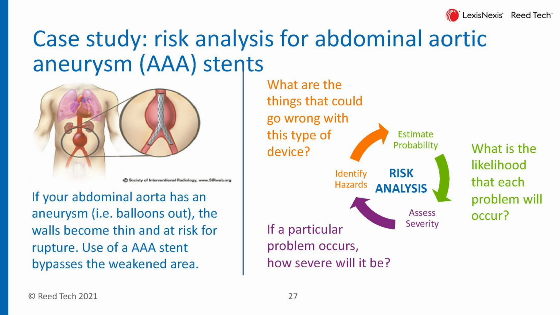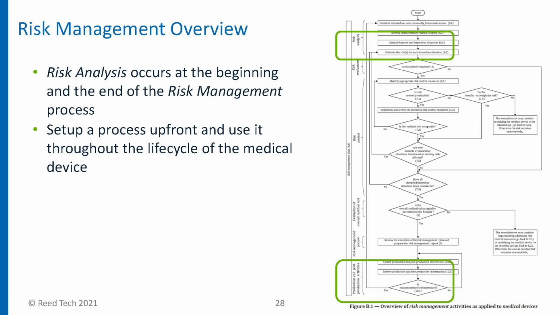And this is where a prediction model can be useful. And third, you need to determine how severe the problem will be. This must be done at a regular cadence throughout the year. Risk management is a continuous process that underpins the entire medical device lifecycle. And risk analysis must occur at both the beginning and end of the risk management process.